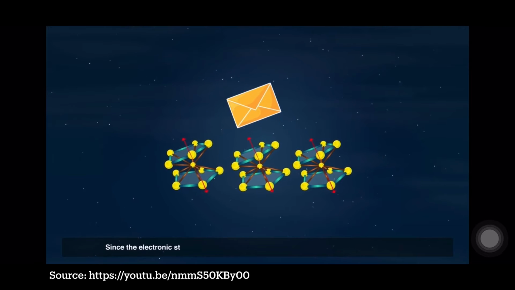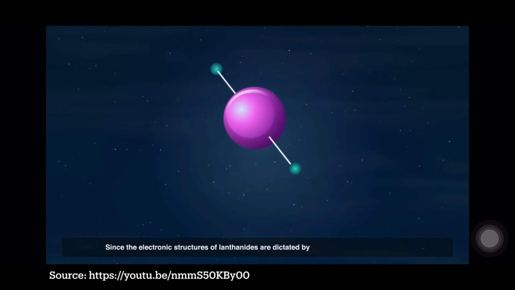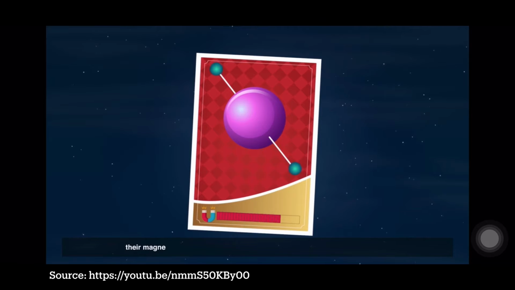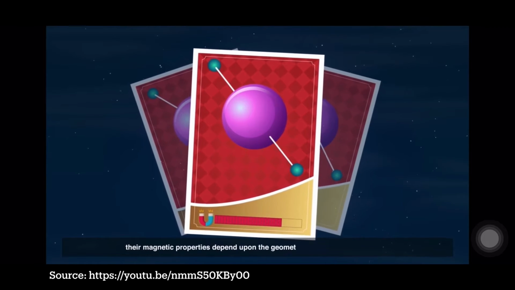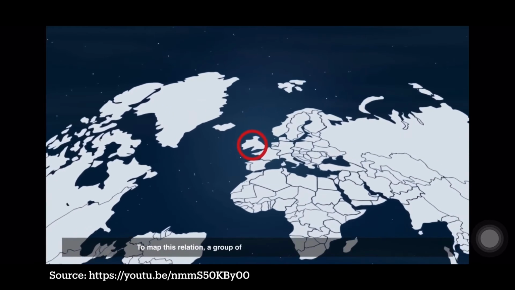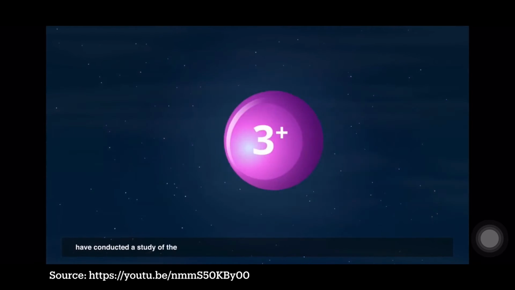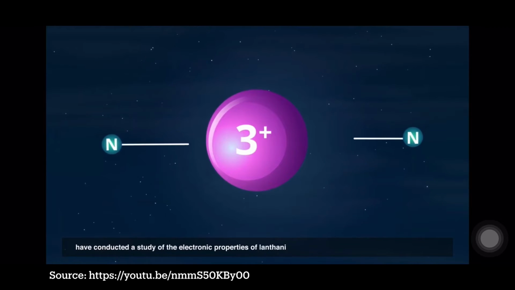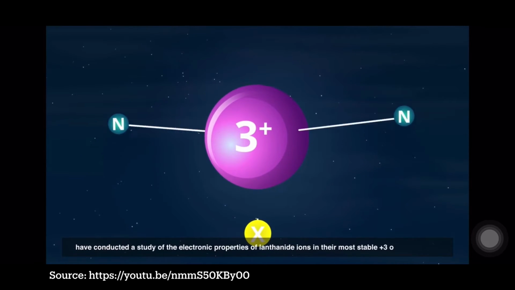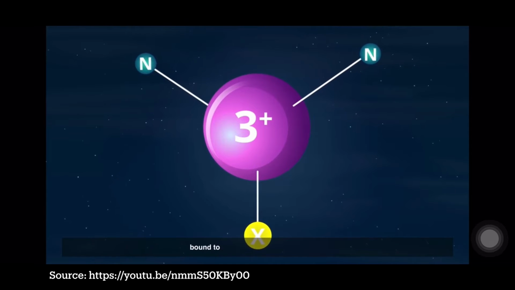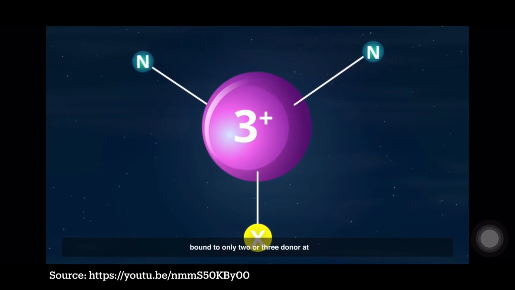Since the electronic structures of lanthanoids are dictated by coordinated ligands, their magnetic properties depend upon the geometric structures of complexes. To map this relation, a group of researchers from the University of Manchester have conducted a study of the electronic properties of lanthanoid ions in their most stable +3 oxidation state, bound to only 2 or 3 donor atoms.